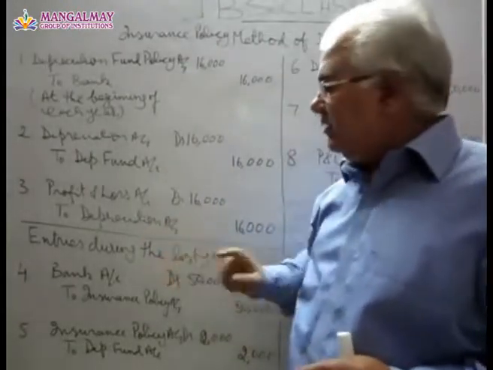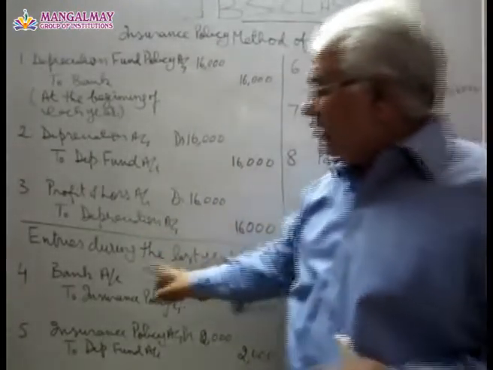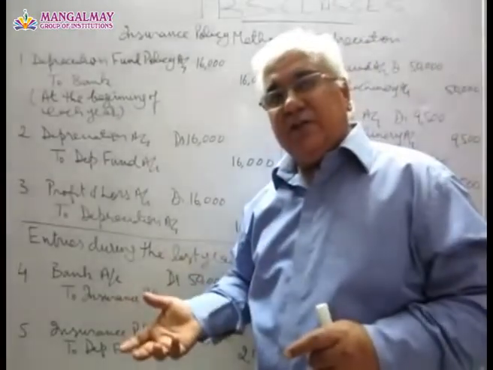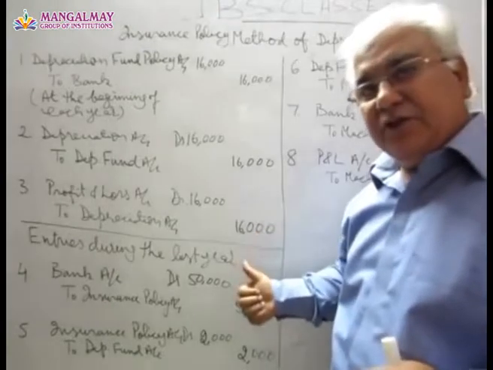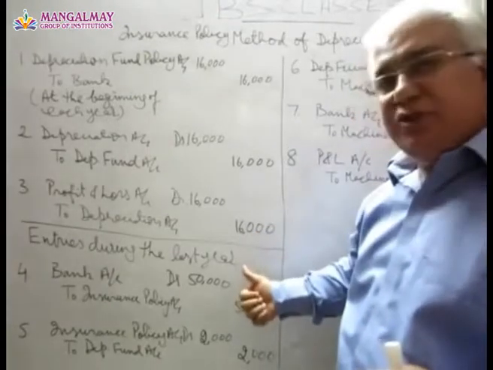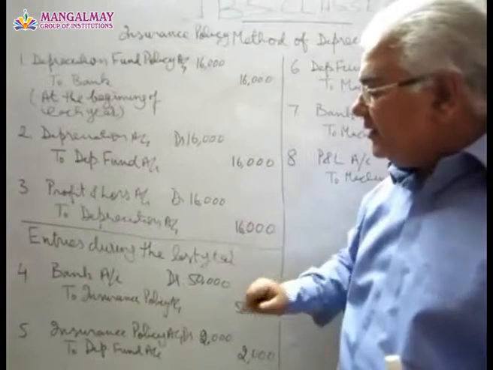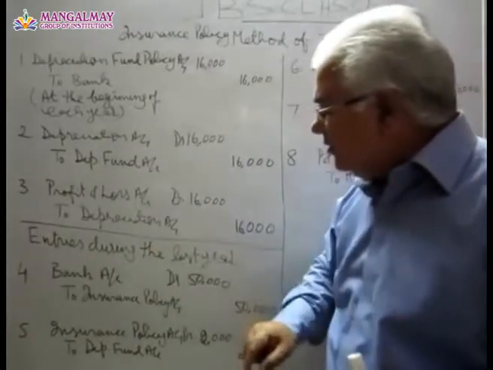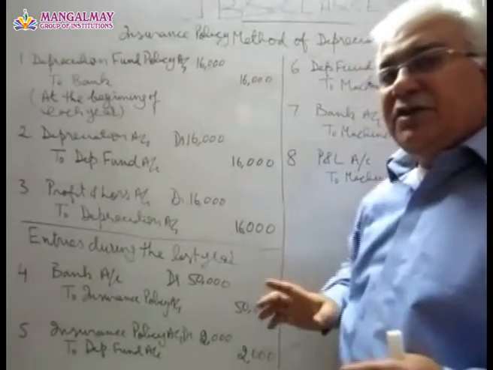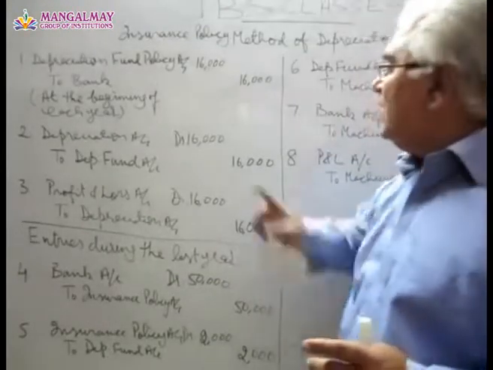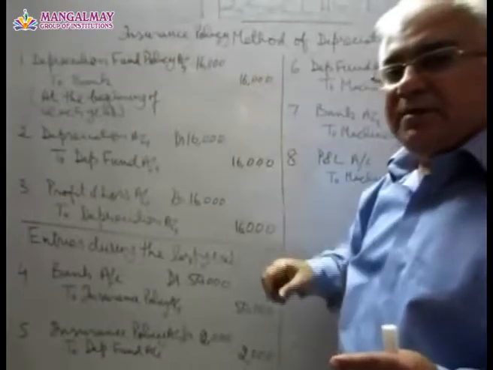Other entries to be made are, first of all, you will realize the insurance policy. Like in this case, we had insured it for 50,000. So when we get money from the insurance company, the entry is bank account debited to insurance policy account 50,000. And you see, in all these 3 years, we have been paying 16,000 as premium.